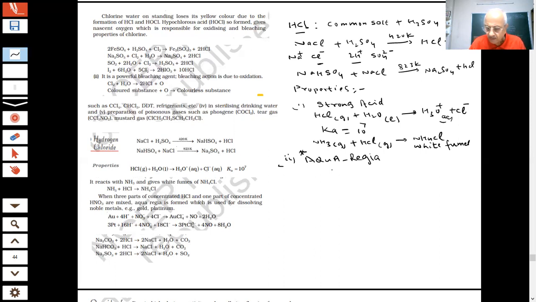The use is there because noble metals like gold and platinum are inert metals.